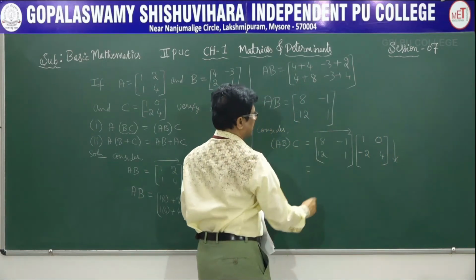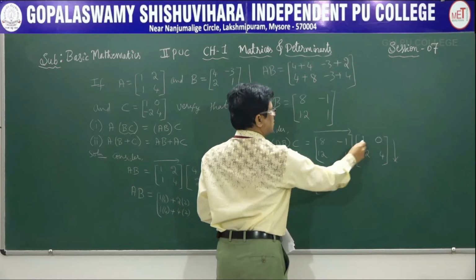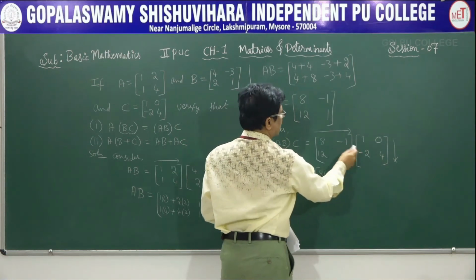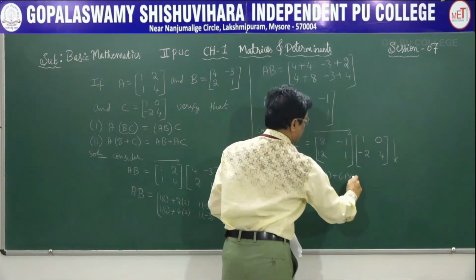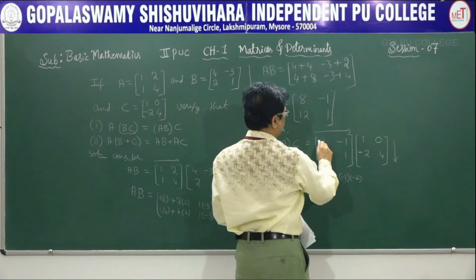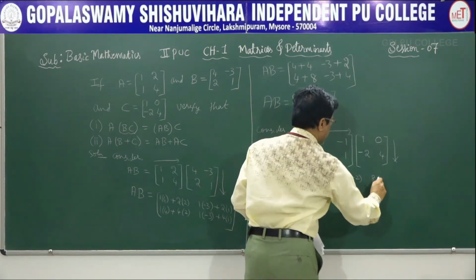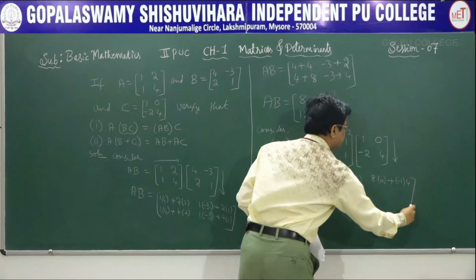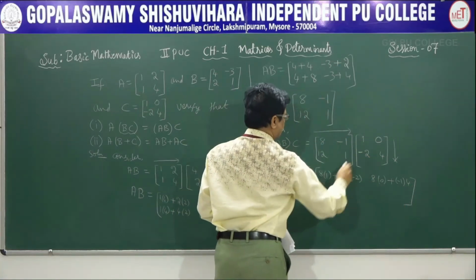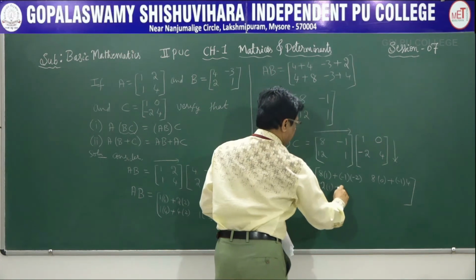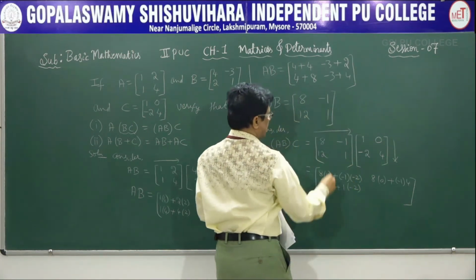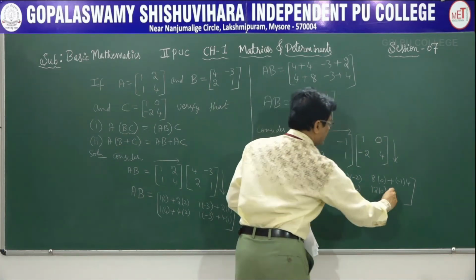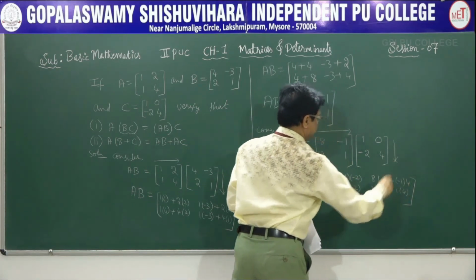So that will be equal to first row into first column, 8 into 1 plus minus 1 into minus 2. First row into second column, 8 into 0 plus minus 1 into 4. Second row into first column, 12 into 1 plus 1 into minus 2. Second row into second column, 12 into 0 plus 1 into 4.